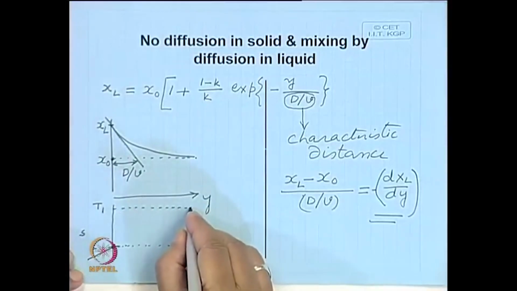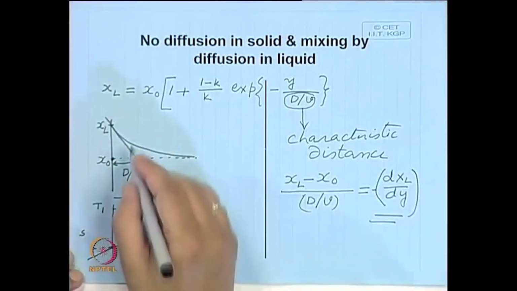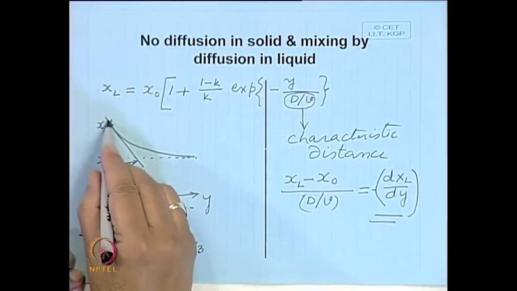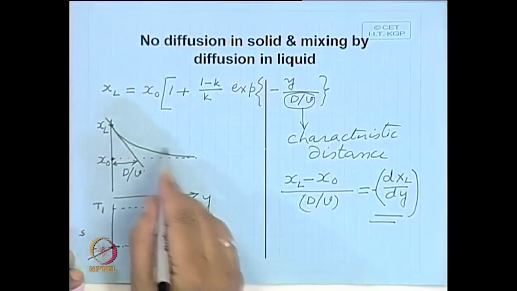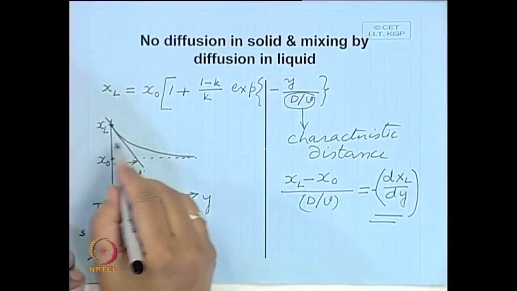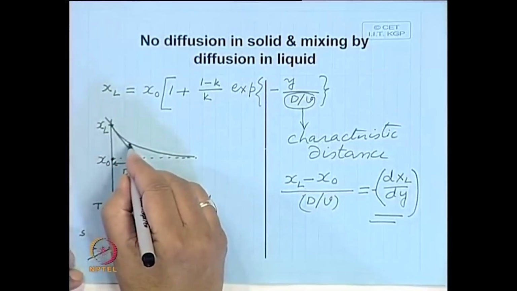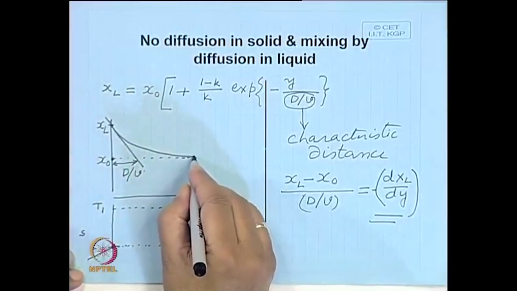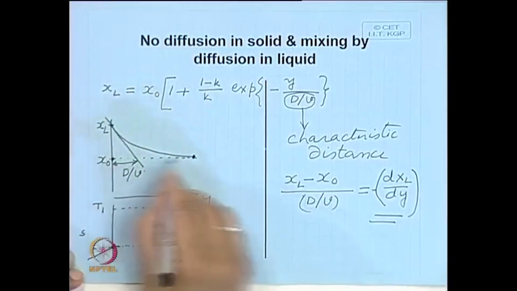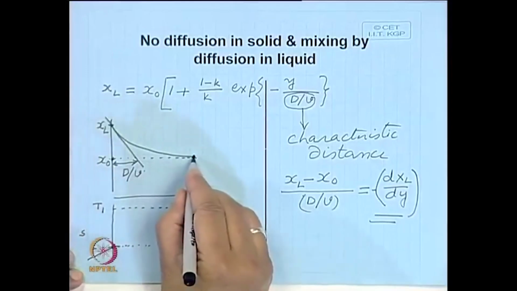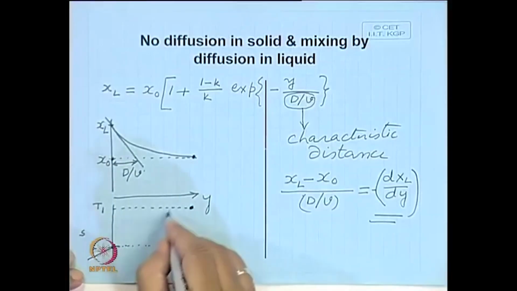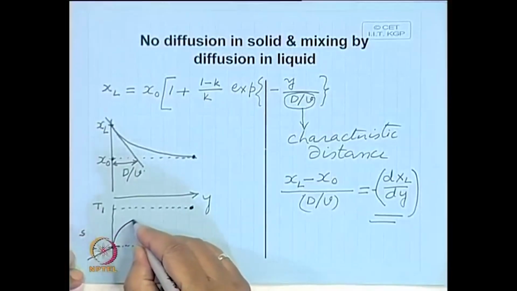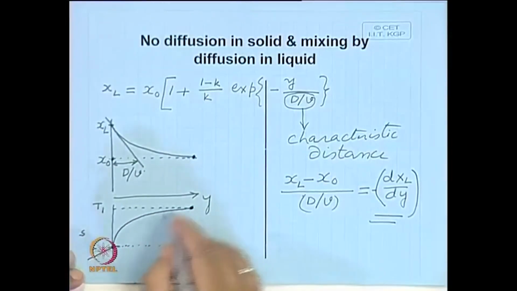T1 you can say is the liquidus temperature far away. Now look at this concentration profile, and with this profile refer back to the phase diagram. Suppose this is the concentration in the liquid, that is x_0. Therefore, its melting point or liquidus point will be here, and in between the liquidus temperature profile will be like this.